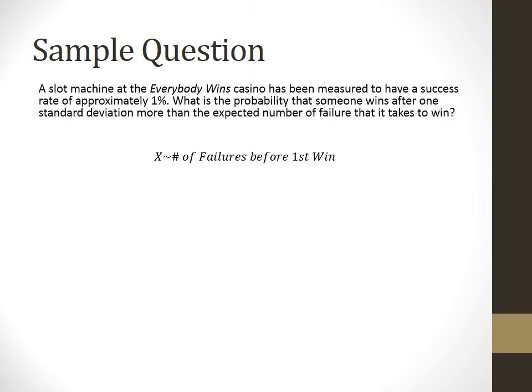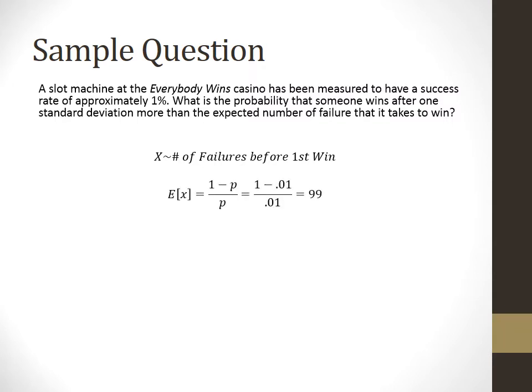This question is asking for standard deviation and expected value, so you want to make sure that you memorize those formulas for expected value and variance. Because when you actually go and take the Exam P test, you don't want to waste any time trying to derive the formulas. So make sure that you have these fully memorized.